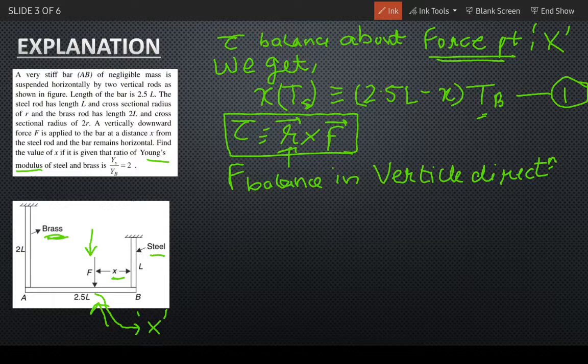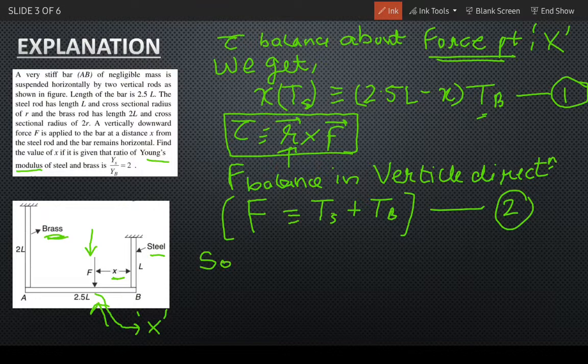Over here, the force acting downwards is F, and the forces acting upwards inside the rods are the tensions, which add up and become equal to the net force acting downwards. So T_S plus T_B equals F. This is equation number 2.